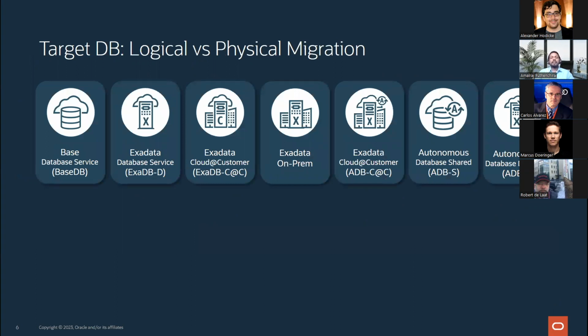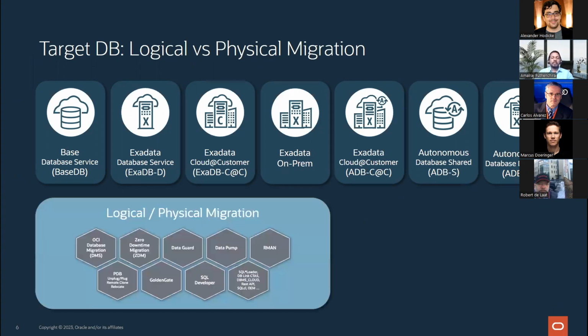Now we have seen the migration types, and how do we map these migration types to the targets that we have in the cloud or in the on-premises? The first 3 targets are actually co-managed targets in the Oracle Cloud Infrastructure, and the 4th one is Exadata on-prem.